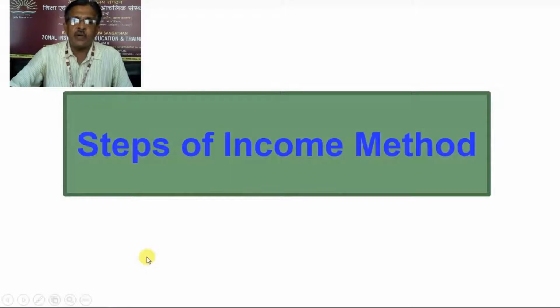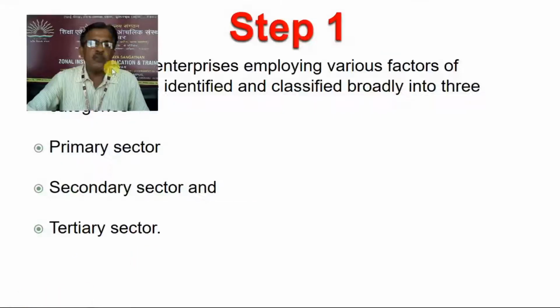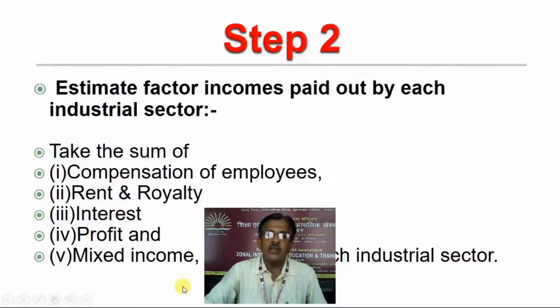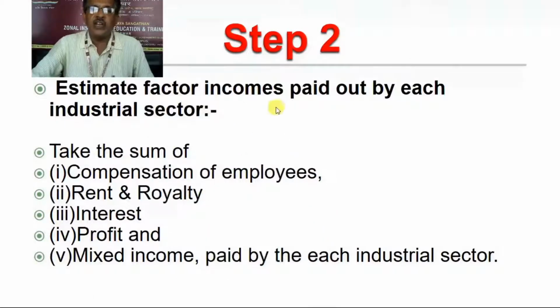Then the steps of the income method. Step 1: all producing enterprises employing various factors of production are identified and classified broadly into three categories: primary sector, secondary sector, and tertiary sector. These sectors have already been discussed in the value-added method. Then step 2: estimate factor incomes paid out by each industrial sector.